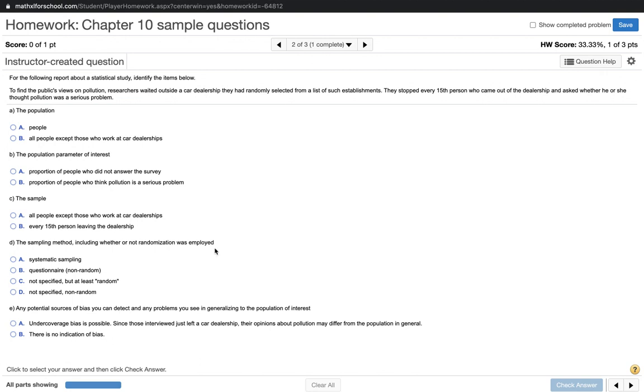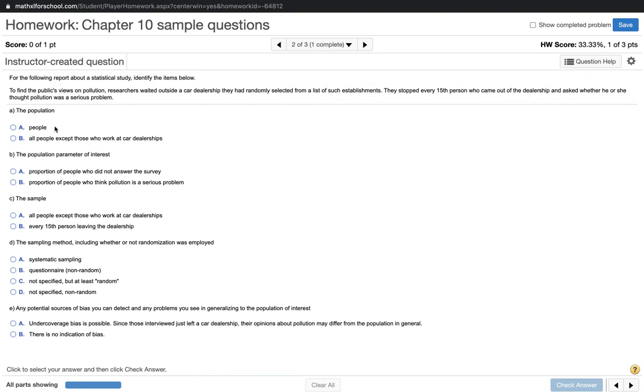Number 2: to find the public views on pollution, researchers waited outside a car dealership. They had randomly selected it from a list of such establishments. They stopped every 15th person who came out of the dealership and asked whether he or she thought pollution was a serious problem. Again, we first want to look at what the population is. What do we hope to learn about?